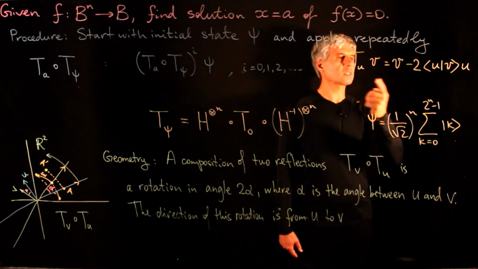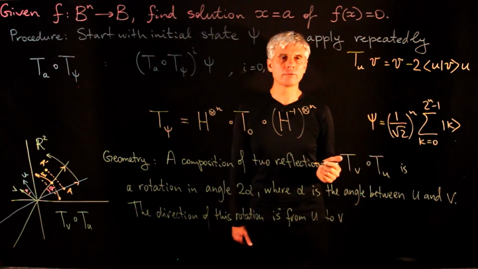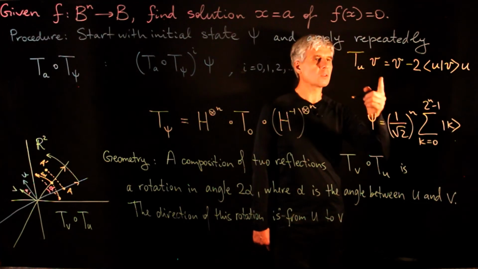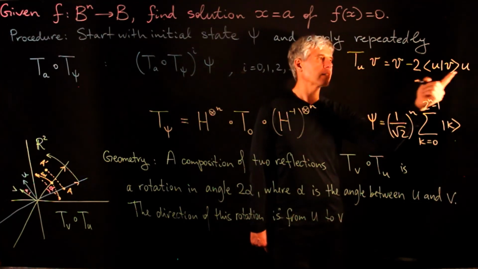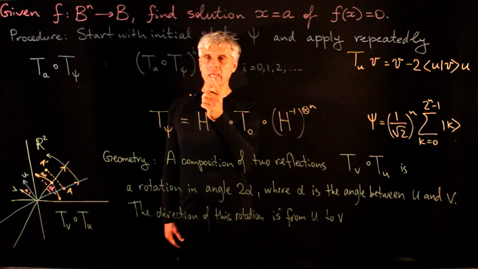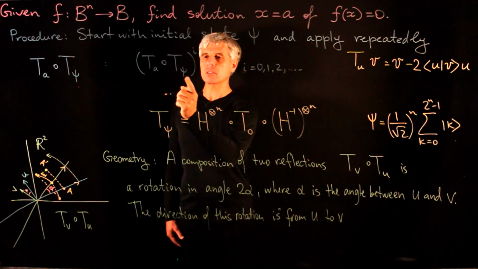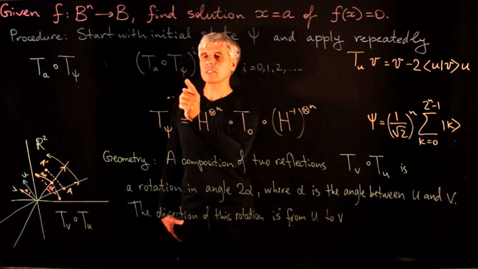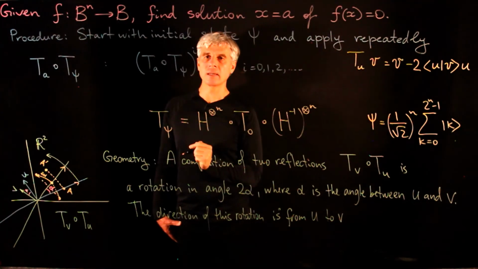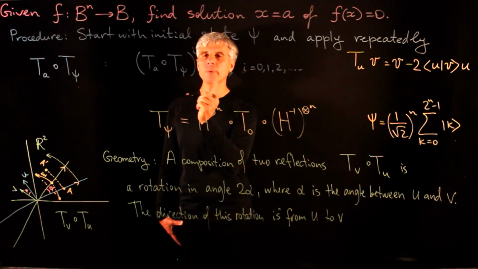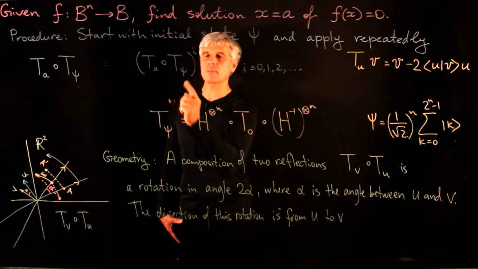So this is an algebraic way of writing a reflection. Here we see that to each vector we add a multiple of the vector u. And so by starting with the state psi and applying these reflections, we are going to add to psi multiples of psi and a. As a result, we will always stay in a two-dimensional space spanned by a and psi.